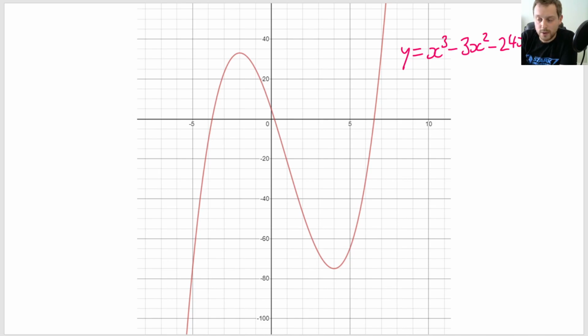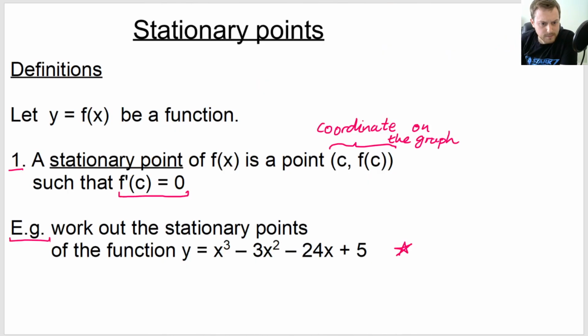That's what this graph looks like. And the question says, work out what are the stationary points. So the answer might just be one coordinate, it could be two coordinates, it could be many coordinates, but there's going to be some set of coordinates for which the x value satisfies f dashed of it is 0. So the gradient will be flat at that point.